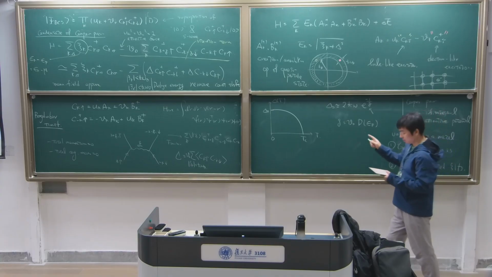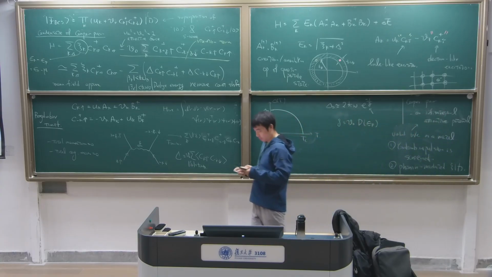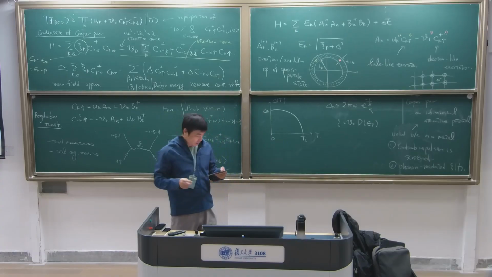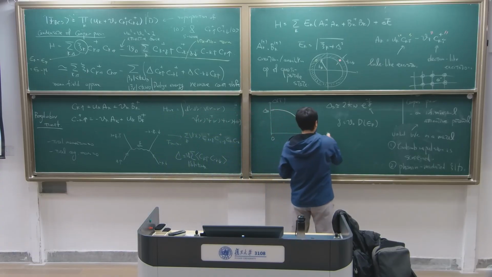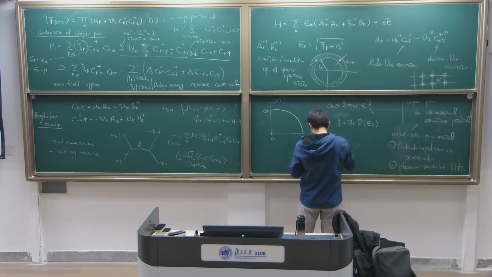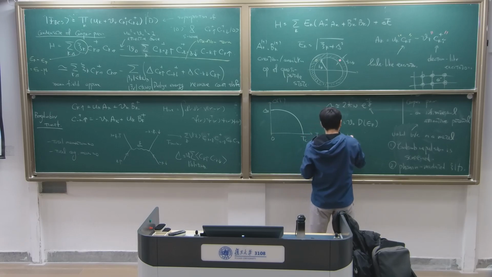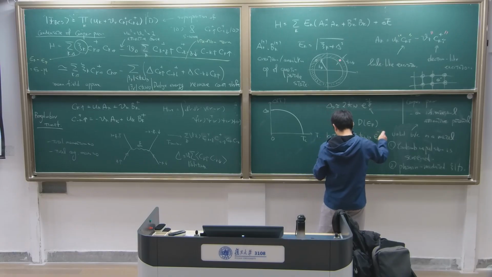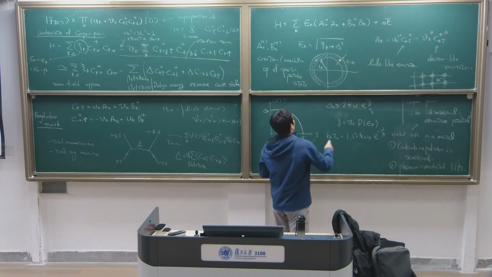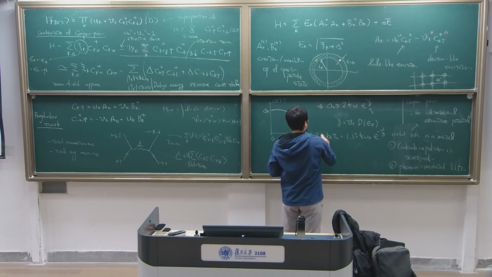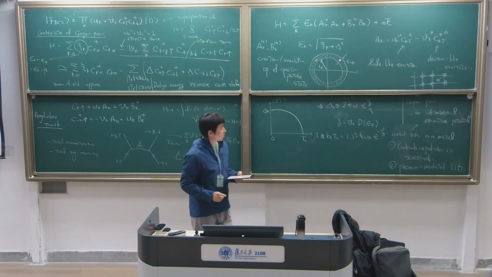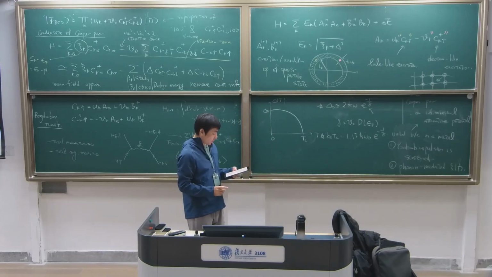Okay, and also Tc can be written as 1.13 h omega D times e to the minus 1 over G. So like this, that's what we derived. So this critical temperature can also be written as e to the minus 1 over G.